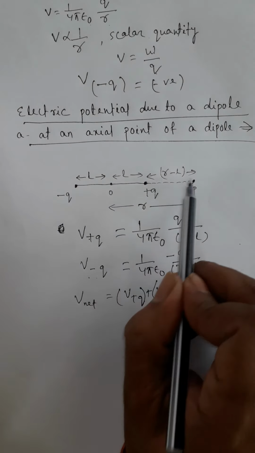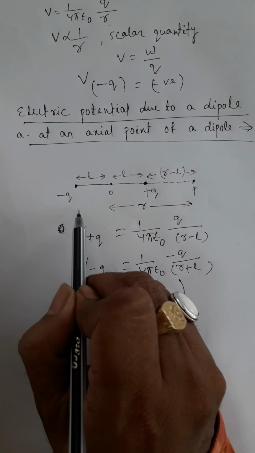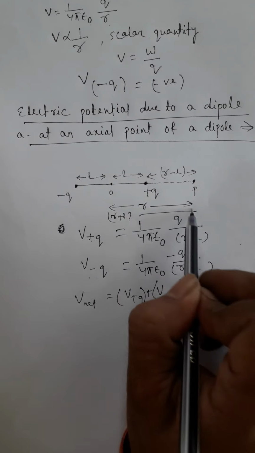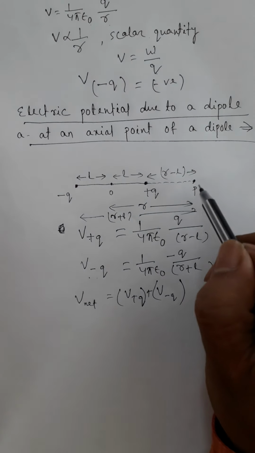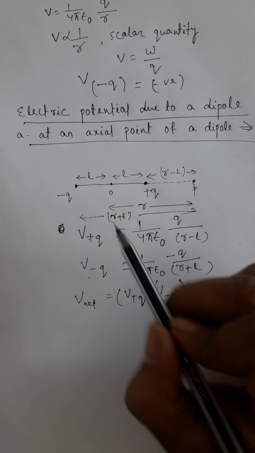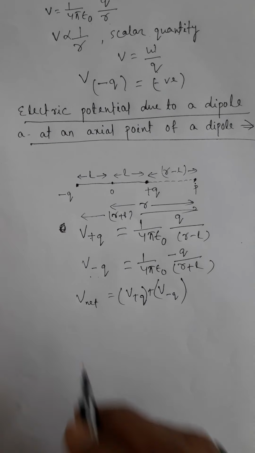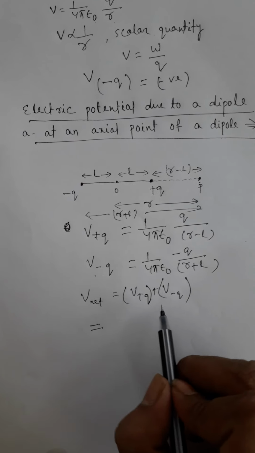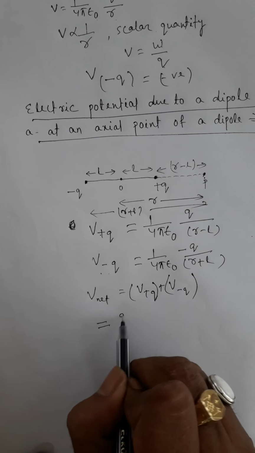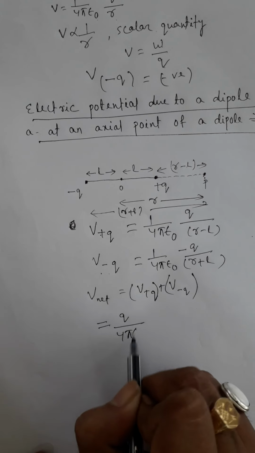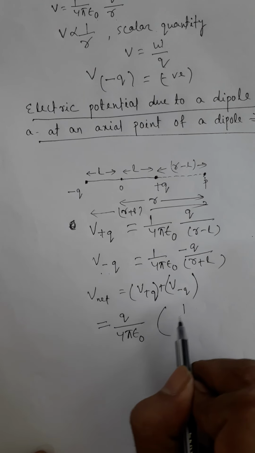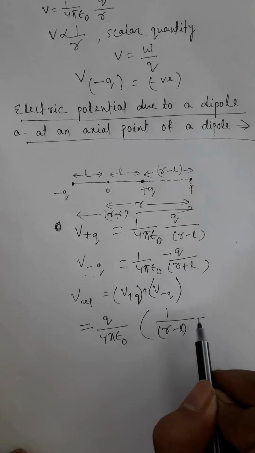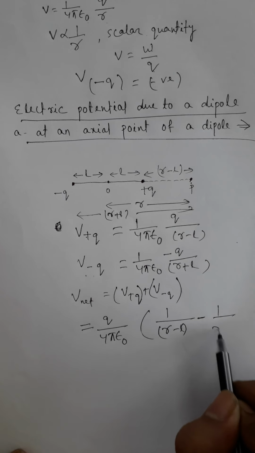Because this is R, this distance is L, so the total distance is R plus L. That is the distance of point P from the negative charge minus Q. So the net potential is potential due to positive charge plus potential due to negative charge, that is Q divided by 4 pi epsilon naught, taking common, 1 by R minus L minus 1 by R plus L.